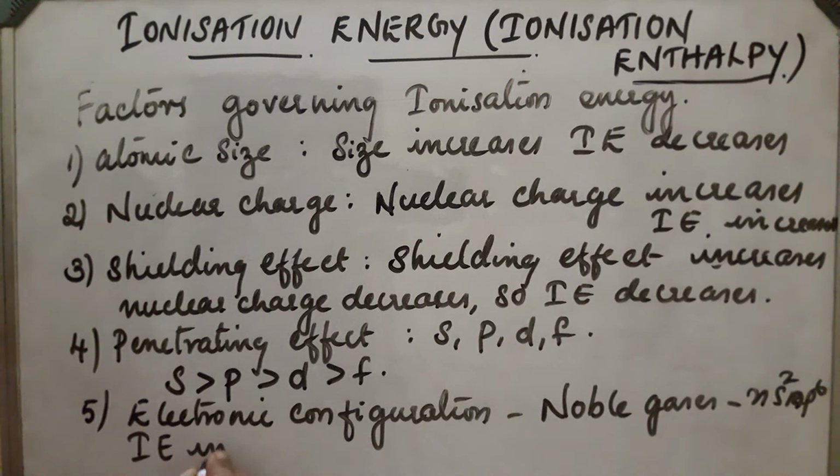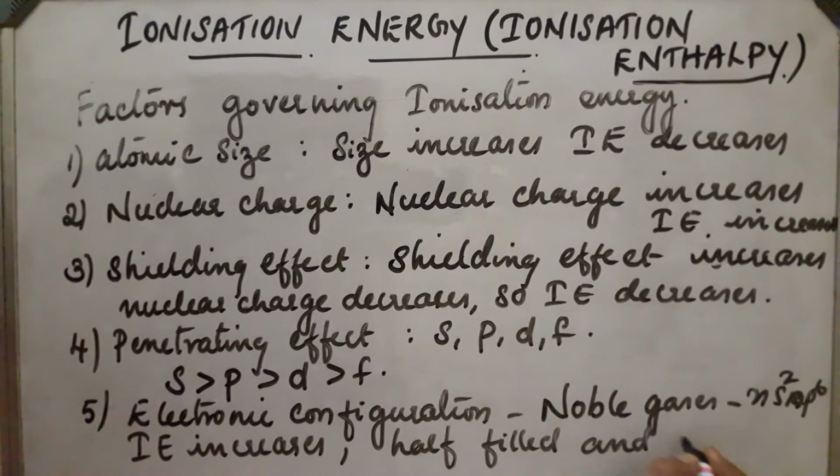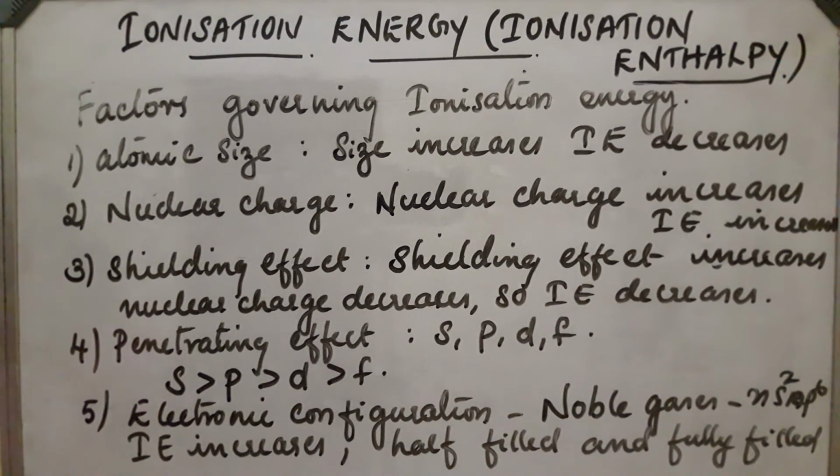Similarly, in the case of half filled and fully filled configurations, for example nitrogen, 1s2 2s2 2p3, which is half filled, and beryllium, 1s2 2s2, these have stable configuration.